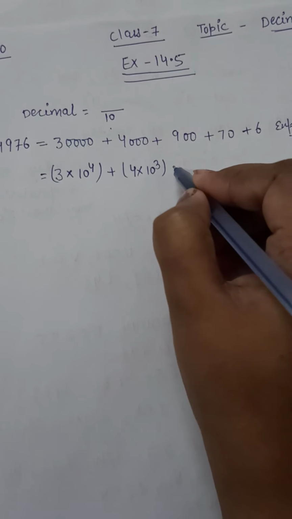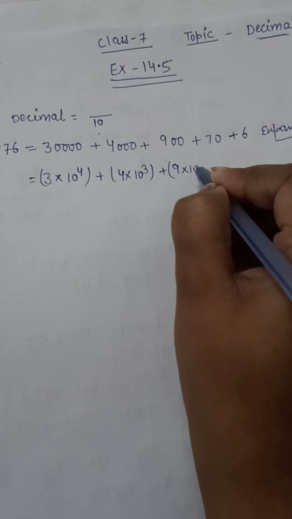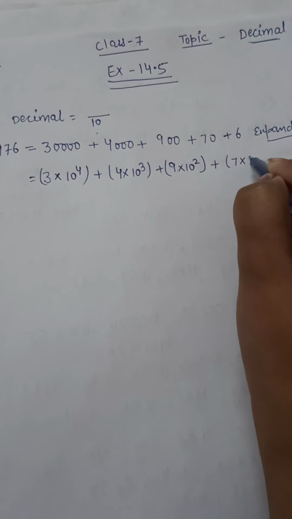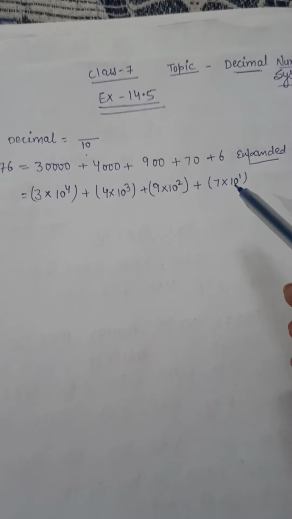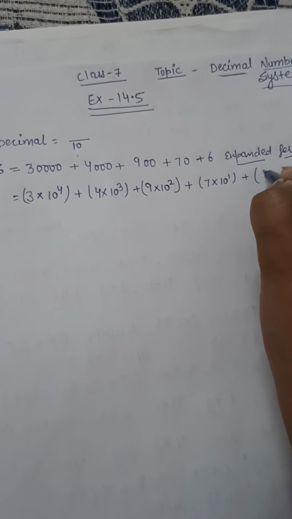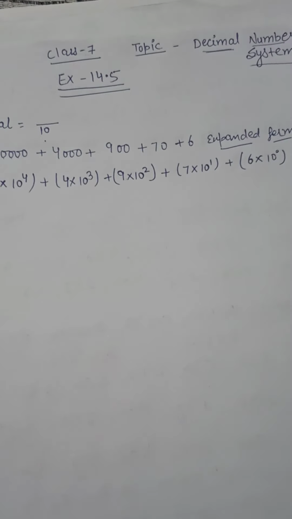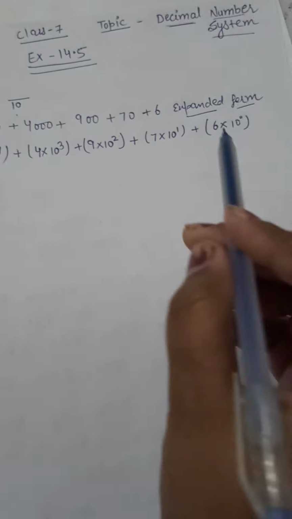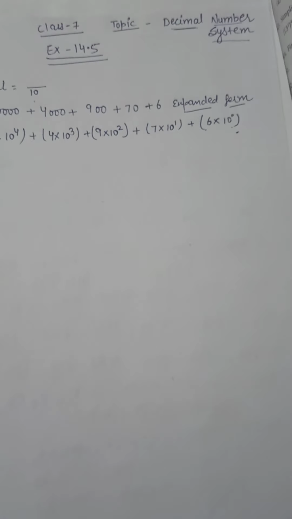Now plus again one bracket 9 multiply with 10 to the power 2, plus 7 multiply with 10 to the power 1. Now you will get confused about what you will write for 6. So 6 multiply with 10 to the power 0. We have studied that any base to the power 0 is equal to 1, and 6 multiplied with 1 is 6. Clear?